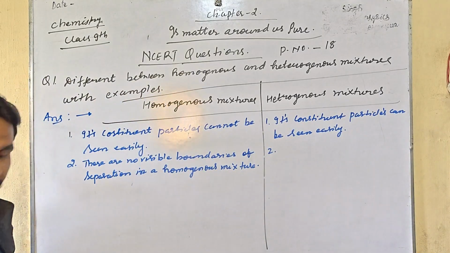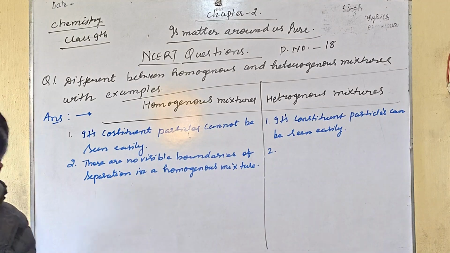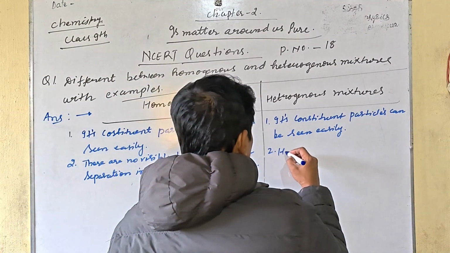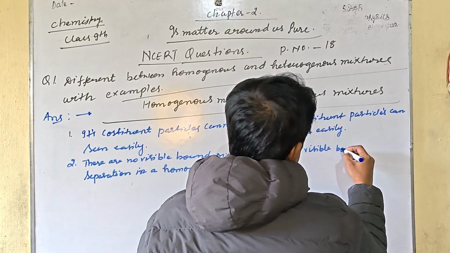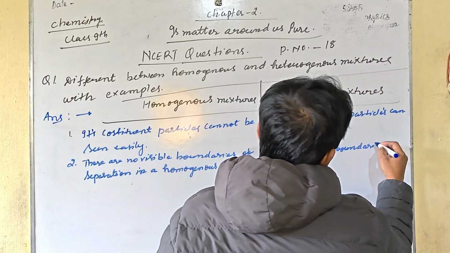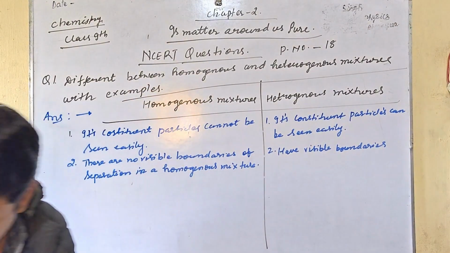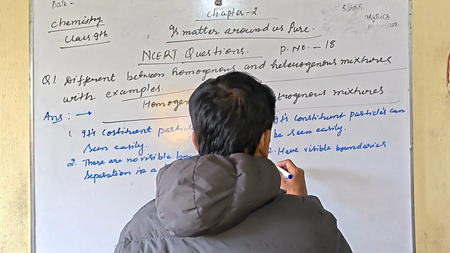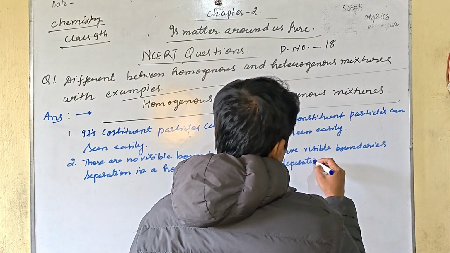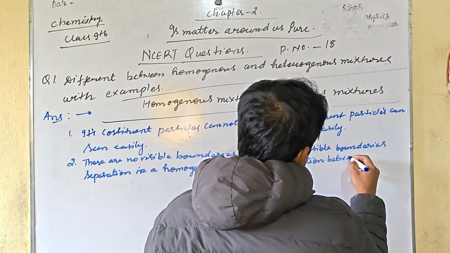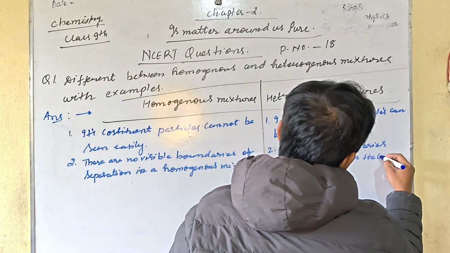Point of difference number 2: in a heterogeneous mixture, there are visible boundaries of separation between the constituents.